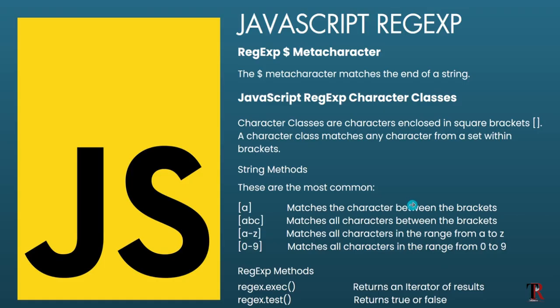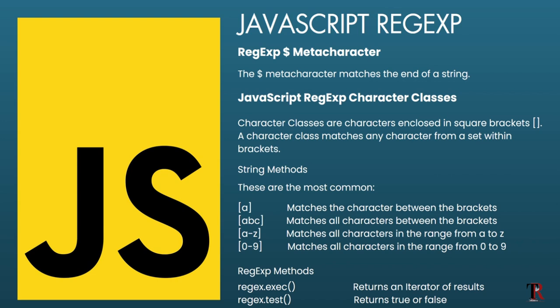Now, let's talk about the most common things you always see, but before that, I want to talk about character classes. Character classes are characters enclosed in square brackets. A character class matches any character from a set within brackets.